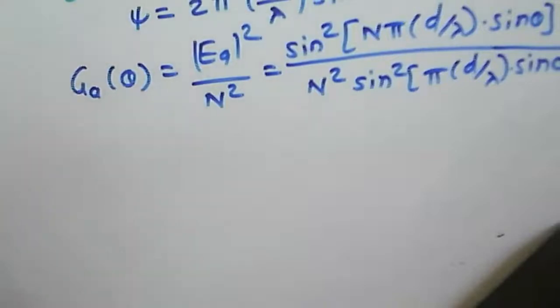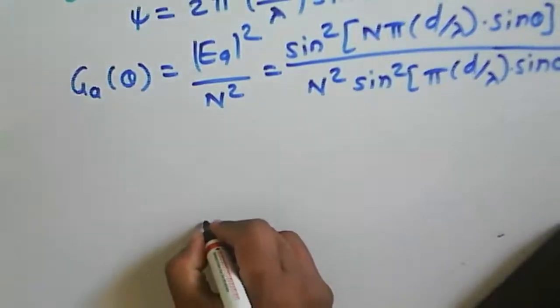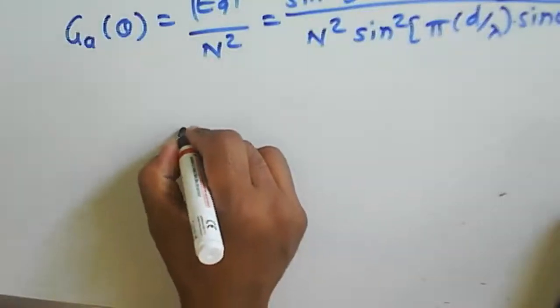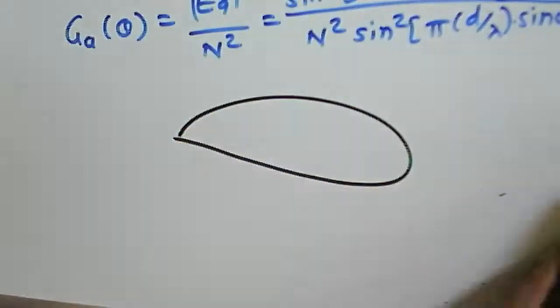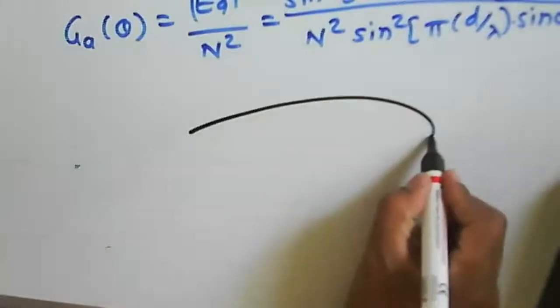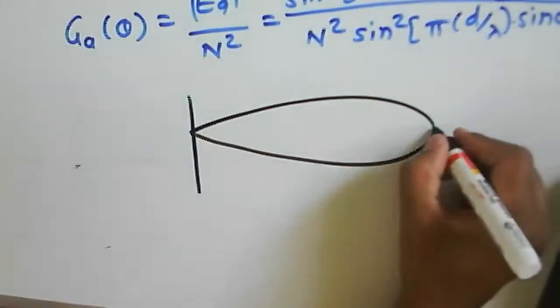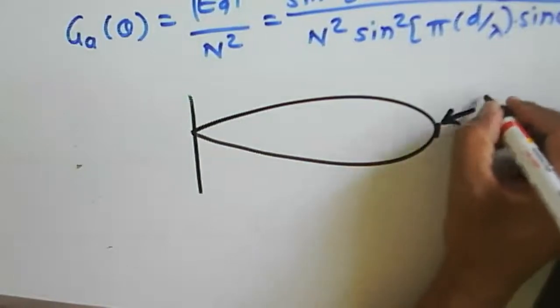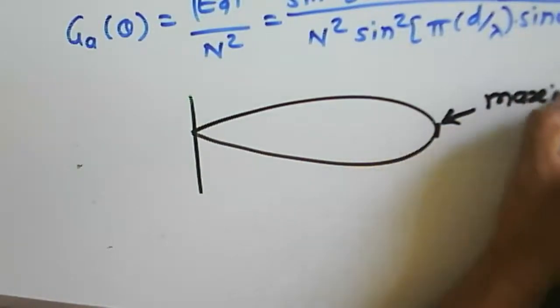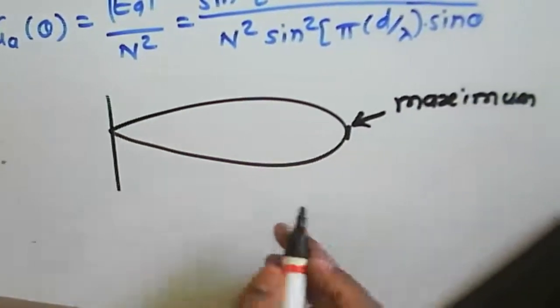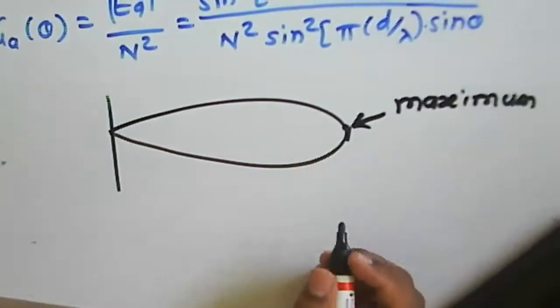If we consider that this one is the radiation pattern of an antenna, here we can get the maximum intensity. This one is the maximum value of radiation at this particular point.